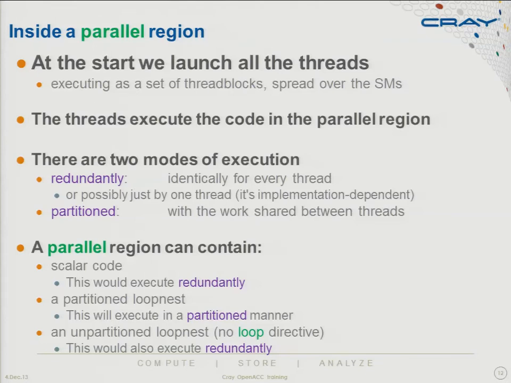So if you just put a parallel directive around scalar code, this would just be scalar code that executes on the GPU as scalar code. If you put a parallel region around a loop nest, but didn't put any loop directive, every thread would do every iteration of the loop nest, which is probably not what you want. It's only when you put the loop directive in that you spread the work out. You have this partitioned mode of execution.